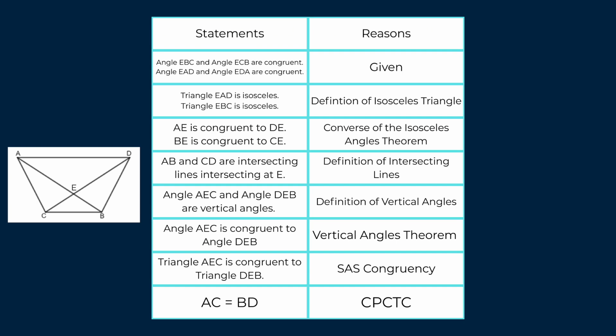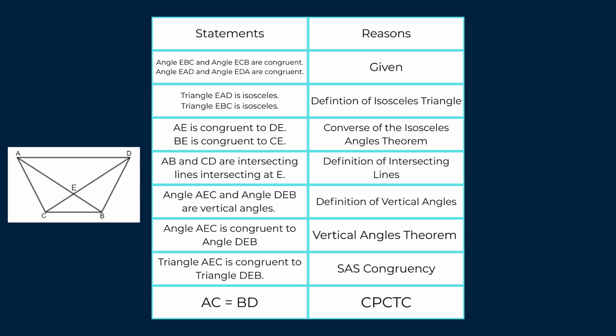Now, how would we do this? We prove that AE is equal to DE and EC is equal to EB. What's next? Well, the next step is to prove that angle AEC is congruent to angle DEB. How would we do that? Now, look at AB and CD. They are intersecting lines intersecting at E. That's the definition of intersecting lines.